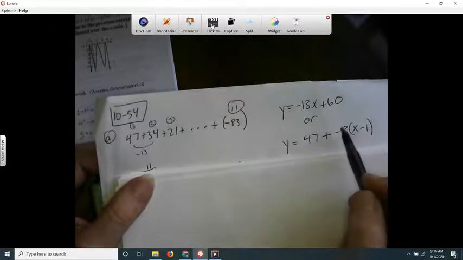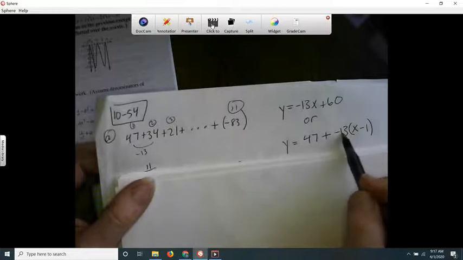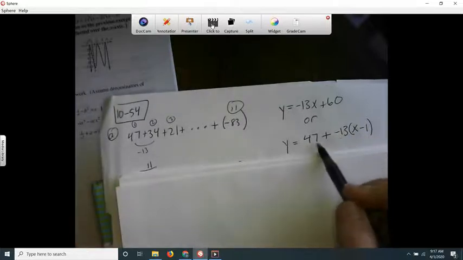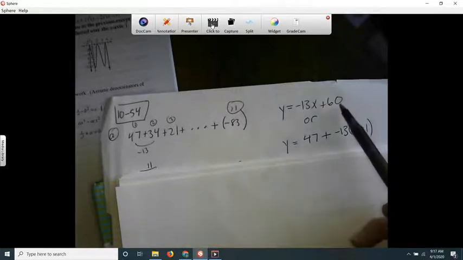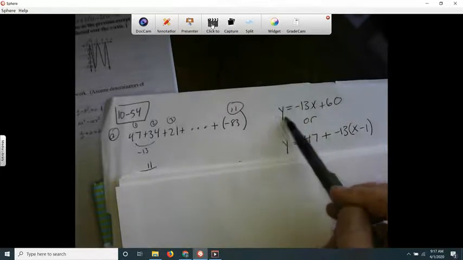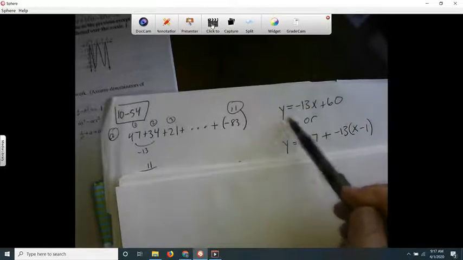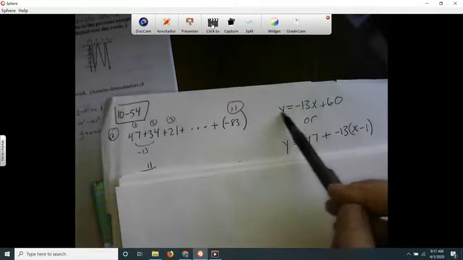If you distributed, this would be negative 13x, and then negative 13 times negative 1 is positive 13. If you add that to the 47, you're going to get your 60 back. I like using this form because it's easier for me to plug numbers into. So I just go ahead and go with this.